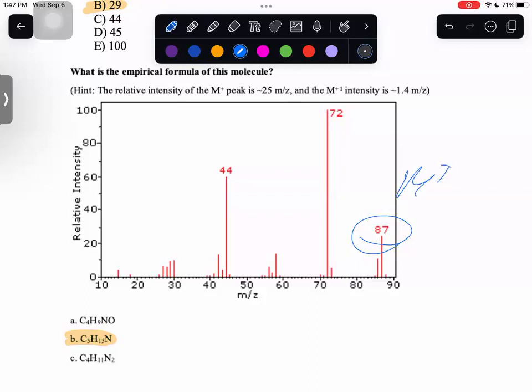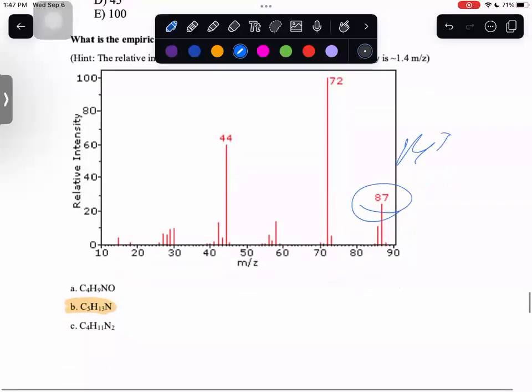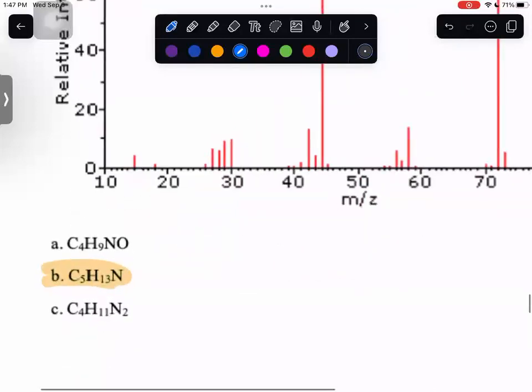It does give me the original weight of the molecule, but like you did the math, they all add up to the same thing. What do you notice about the M plus peak? It's an odd number, an odd number of nitrogens. As soon as I know that, I can start discarding C, because that's an even number of nitrogens. I'm between A and B.